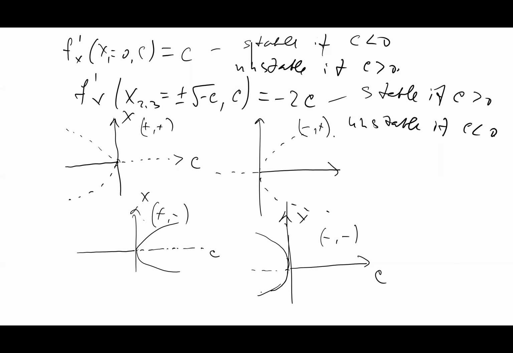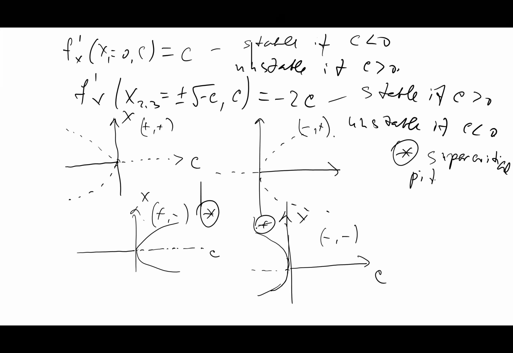So, these two cases are called supercritical pitchfork, and the two other cases, plus plus and minus plus, are called subcritical pitchfork.